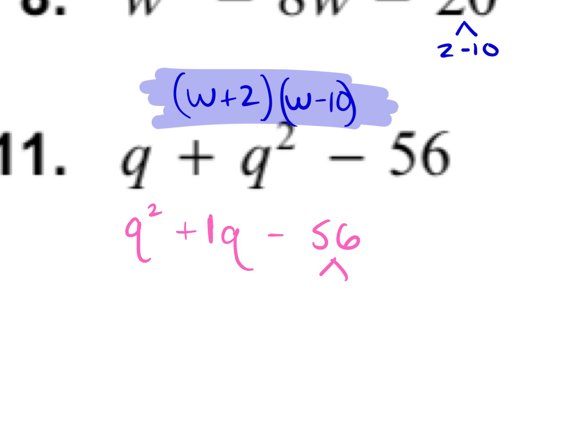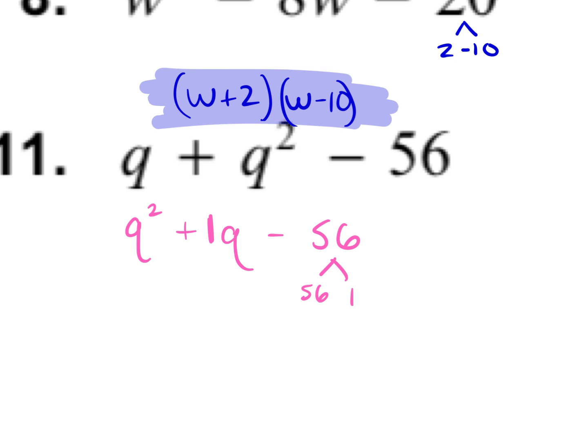Add to 1. So what are two numbers that multiply to negative 56 but add to 1? What's 56 plus 1? Is that 1? Remember, it has to add to 1.